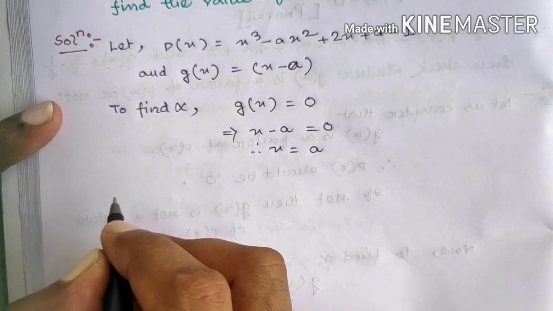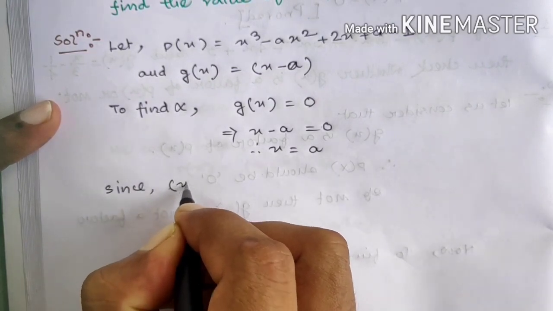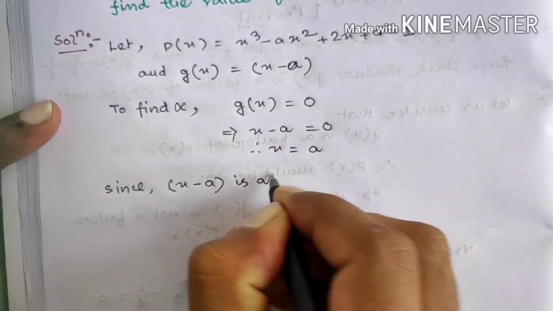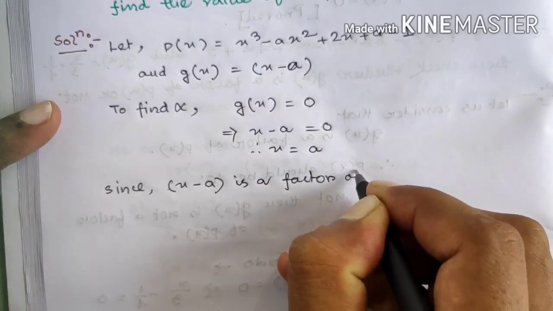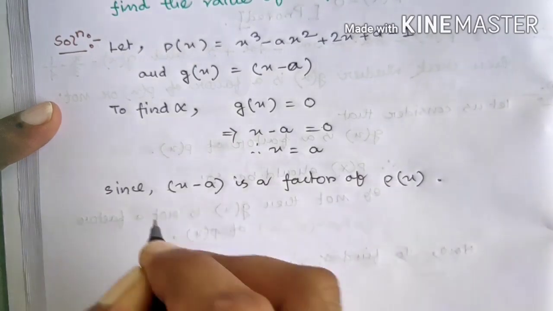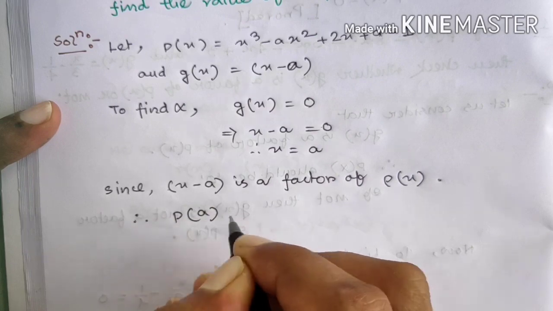Now, from the factor theorem, we can say that x minus alpha is a factor of p of x. Therefore, p of a equal to 0.